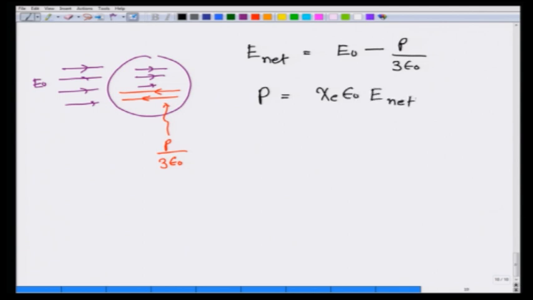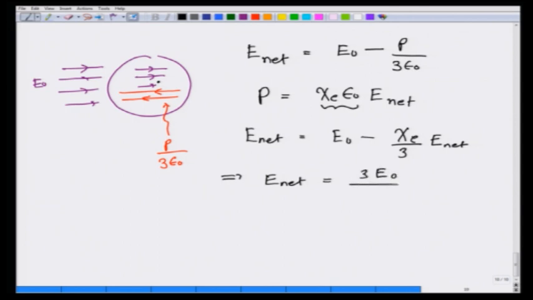Whatever the final value of E out here is, that multiplied by chi e epsilon 0 is the P, and therefore I have E net, which is all in the same direction, so I am not really putting a vector on top, equal to E 0 minus chi e over 3 E net, and this gives E net equal to 3 E 0 divided by 3 plus chi e, or 3 over k plus 2 times E 0.